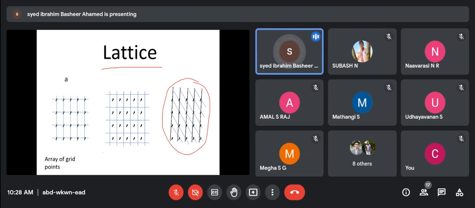Whichever way you make the grid, if you take one point, it will have an equal environment around it. So each point here will have an equal environment.